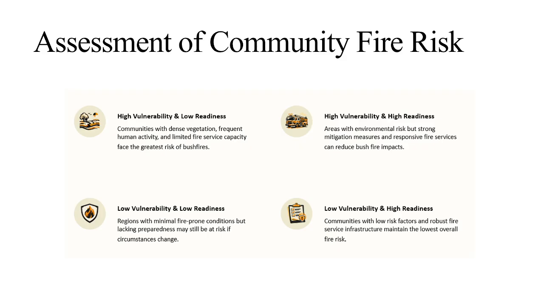And then how do you assess community fire risk? You know, this matrix: you look at high vulnerability and low readiness, high vulnerability and high readiness, low vulnerability and low readiness, and low vulnerability and high readiness.